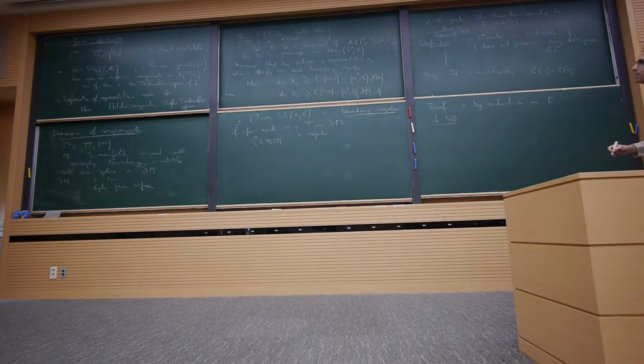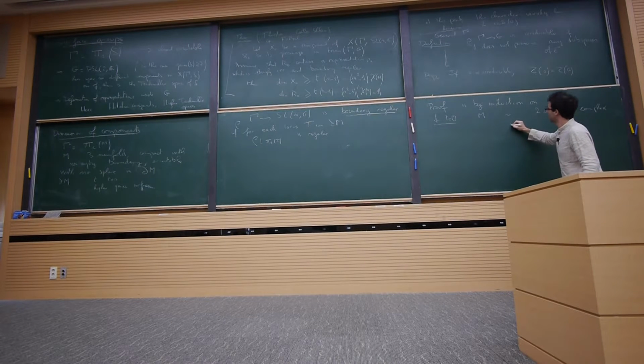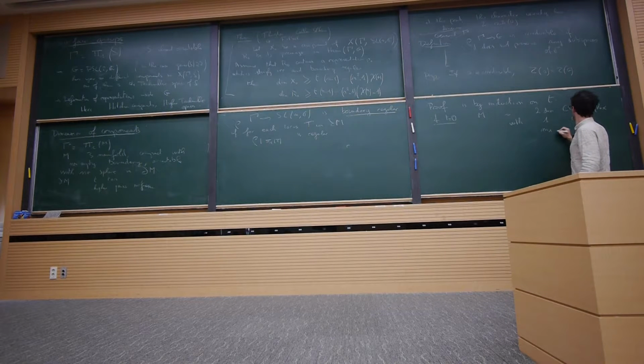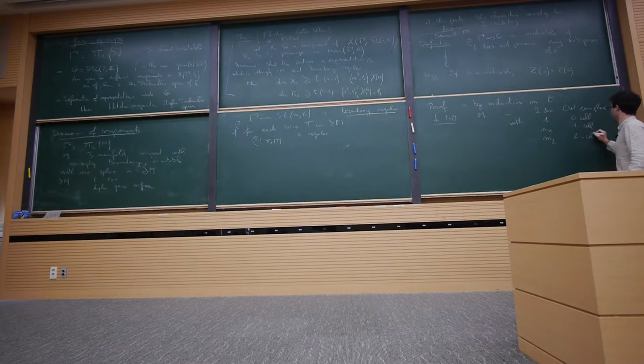When t is 0, you have a manifold M which is compact, which has a non-empty boundary, so there is a boundary which does not contain tori, and so M has the homotopy type of a two-dimensional CW complex with one vertex, some edges, some two-cells.